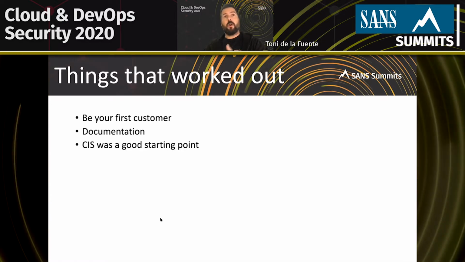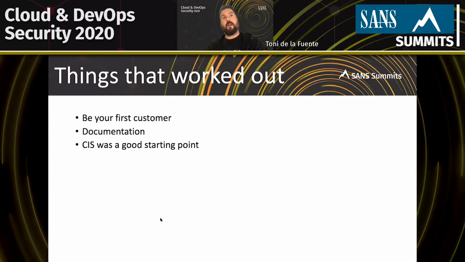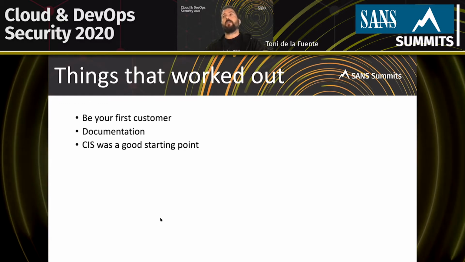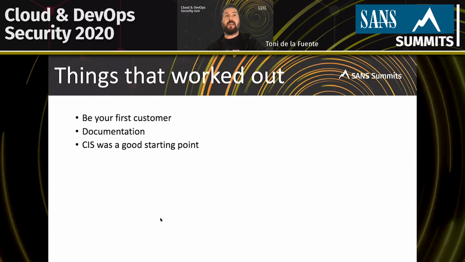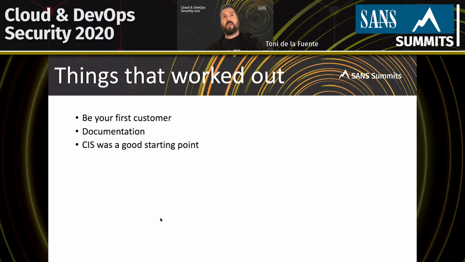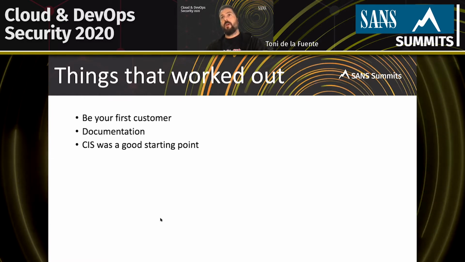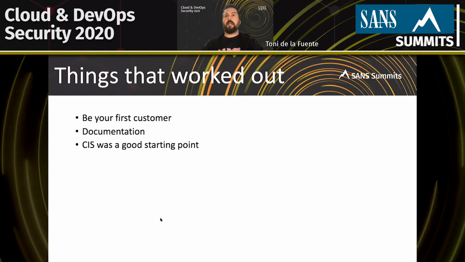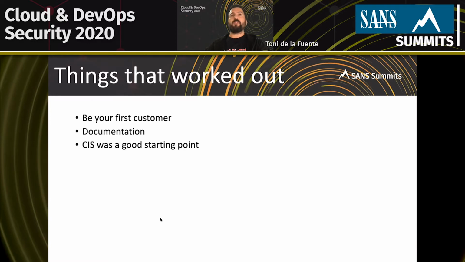I made the decision of using the CIS benchmark for AWS, and it was a very good starting point for sure, because CIS sets a very important baseline. It's not, let's say, the top range of hardening, but at least it's good enough.